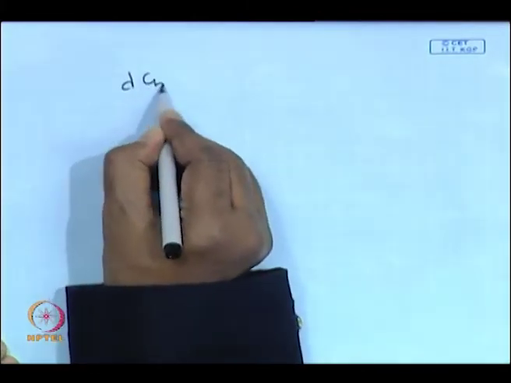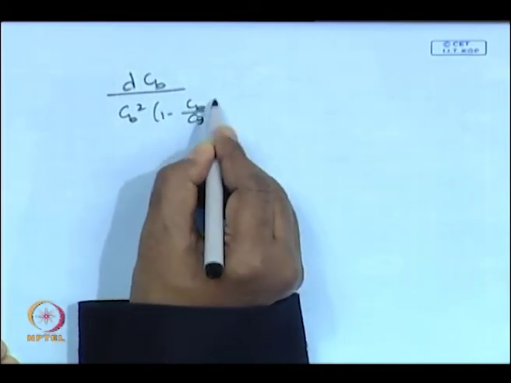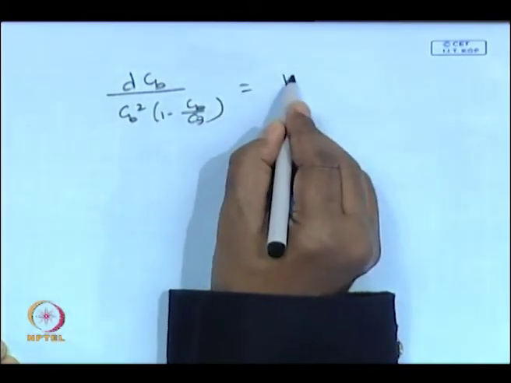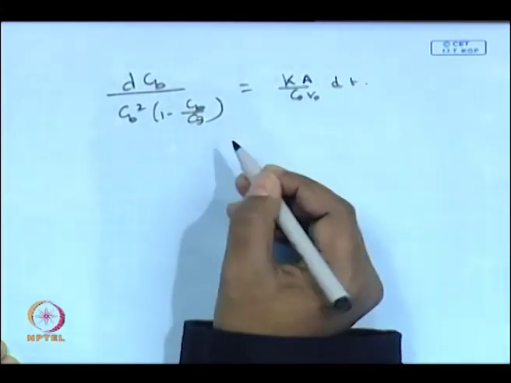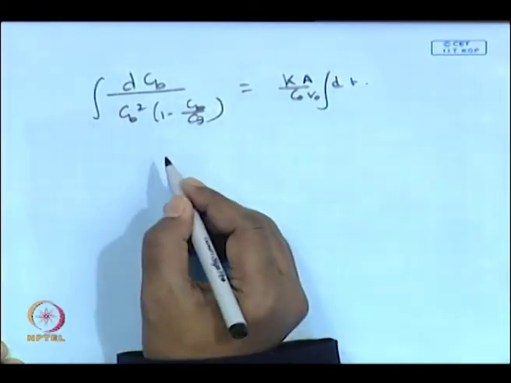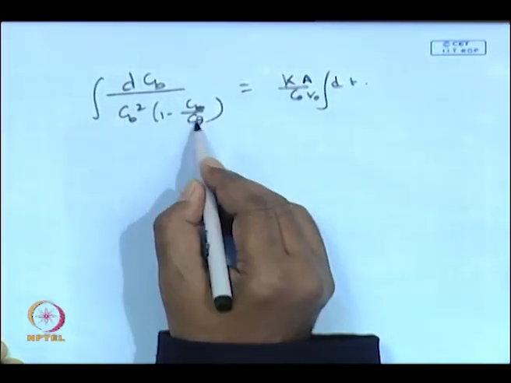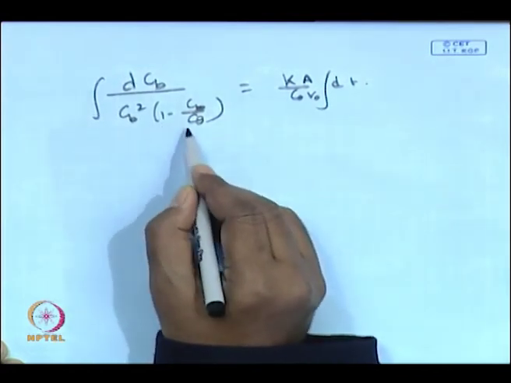So, this becomes dCb by Cb square times 1 minus Cb by Cg is equal to Ka by C naught V naught dt, and you can really integrate it out. Okay. In fact, Cb by Cg will be very small, right. So, 1 minus Cb by Cg will be roughly approximated as 1.